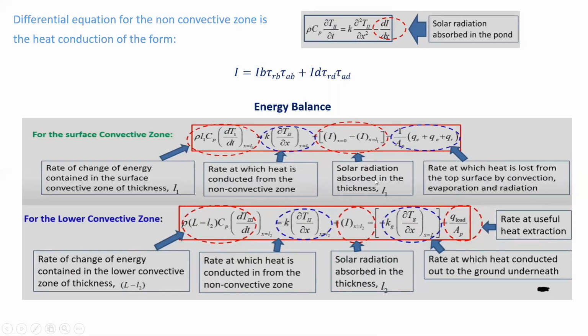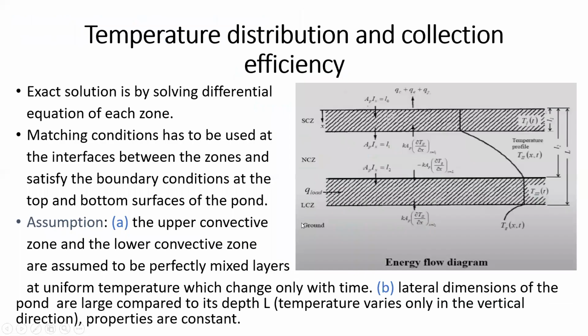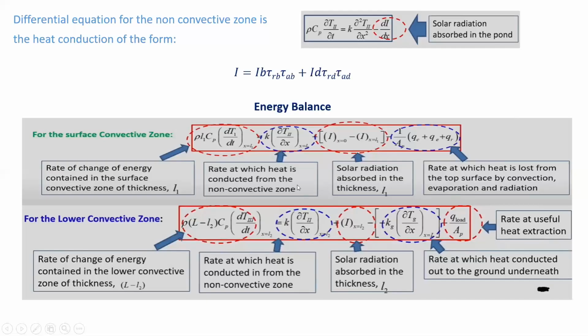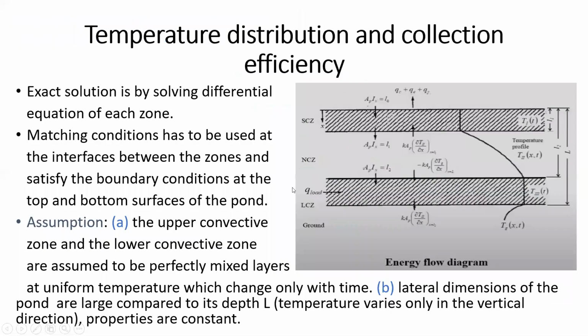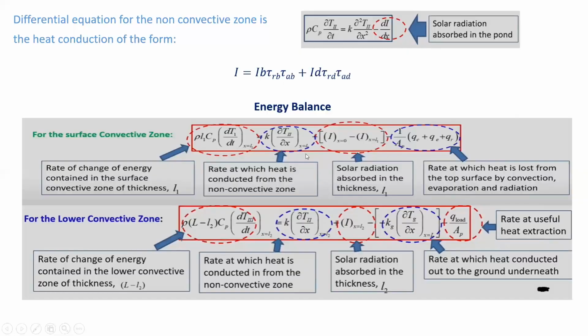The term rho (L minus L2) Cp dT3/dt is the rate of change of energy, and the rate at which heat is conducted from the non-convective zone is indicated by K ∂T2/∂x.